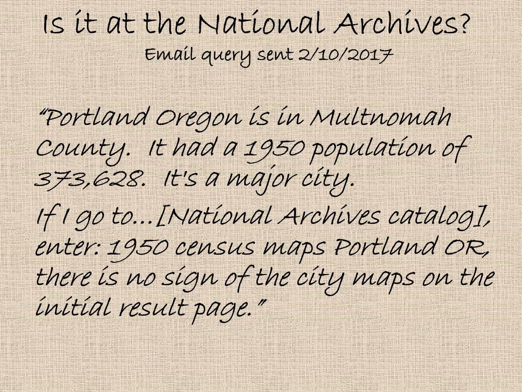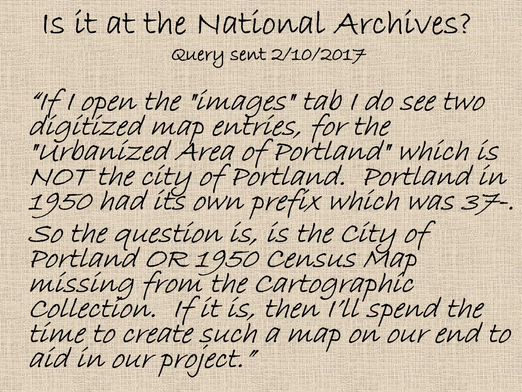So what you do is, if I open the Images tab, I do see two digitized map entries for the urbanized area of Portland. Well, there it is, right? I don't know. Which is not the city of Portland. Portland in 1950 had its own prefix, which was 37-.